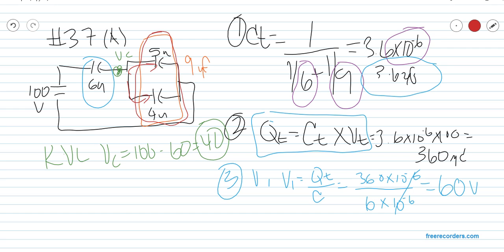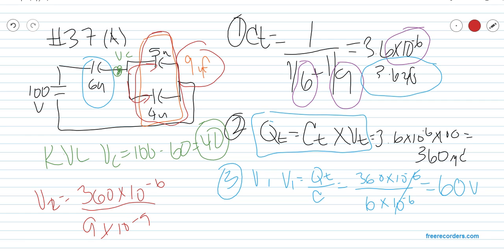So we know that these two combined is 9 microfarads. Using the same formula, V2, is equal to 360 times 10 to the minus 6 over 9 times 10 to the minus 6, which is this equivalent capacitor.